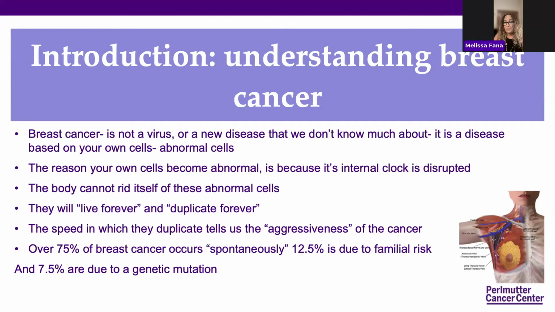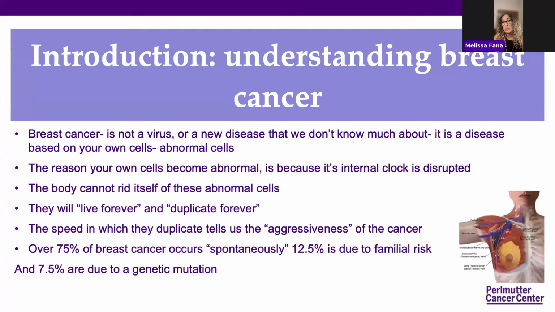About 75% of all breast cancers, we say, are sporadic, spontaneous. They happen for some reason we don't really understand yet. 7.5%, though, are because of a genetic mutation. This is important, especially when talking about triple negative breast cancer, because we understand that the BRCA1 mutation leads to a high percentage of triple negative breast cancers.